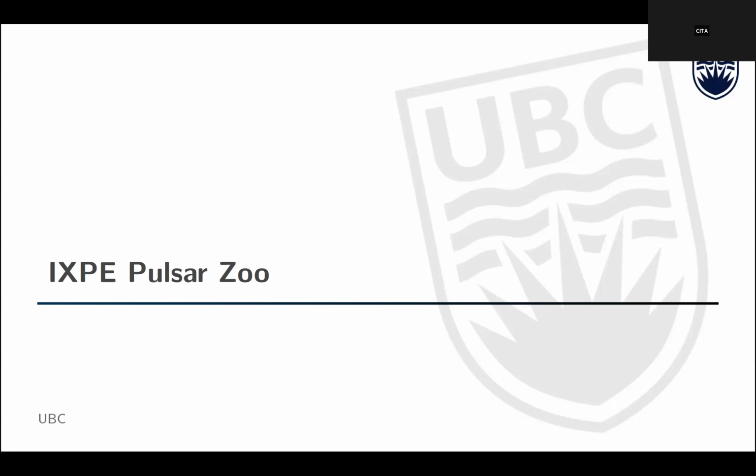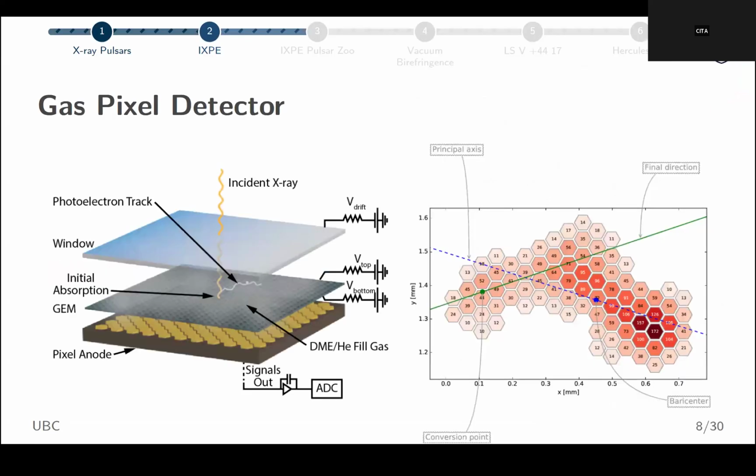Okay, so the Pulsar Zoo. As I mentioned earlier, this is a small telescope. And typically, because of how we are measuring X-ray polarization, we have to take how many electrons lined up this way minus how many electrons lined up that way.